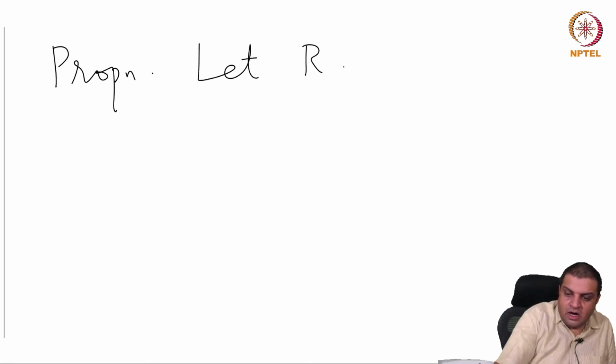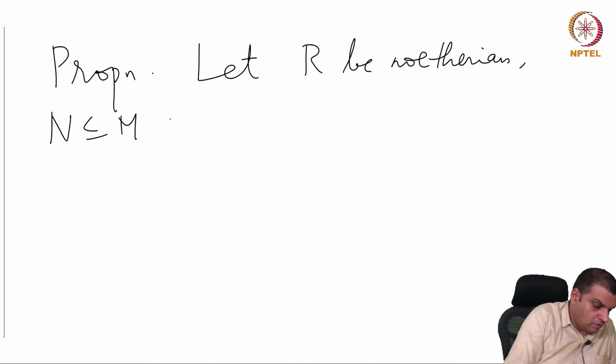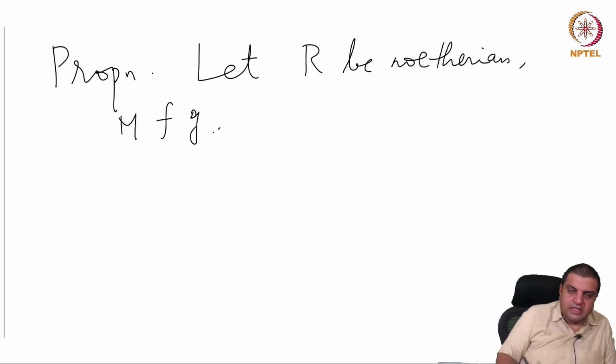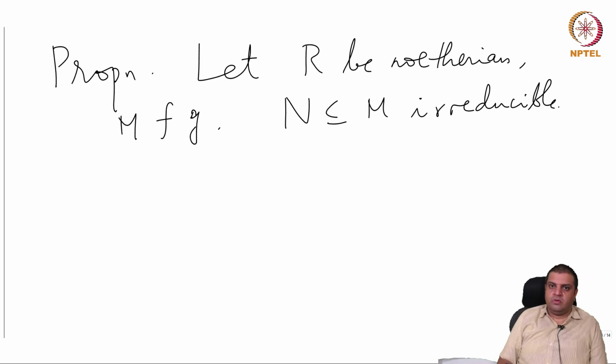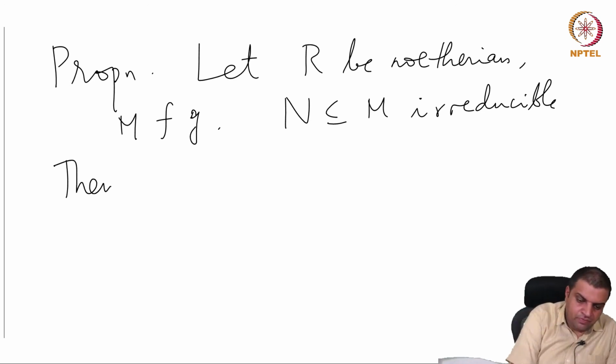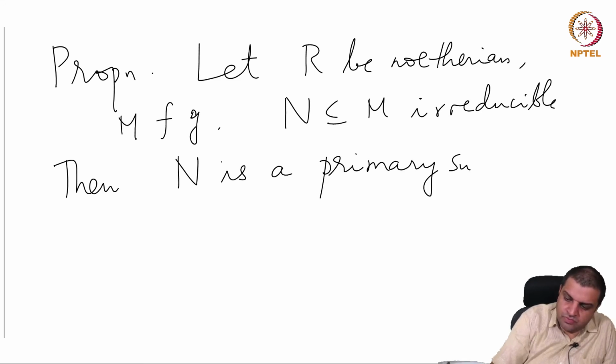Let R be Noetherian, M finitely generated, N inside M irreducible. Then N is a primary submodule of M.